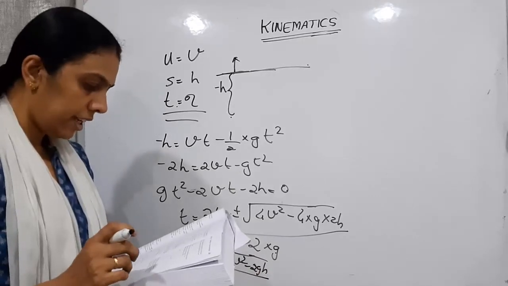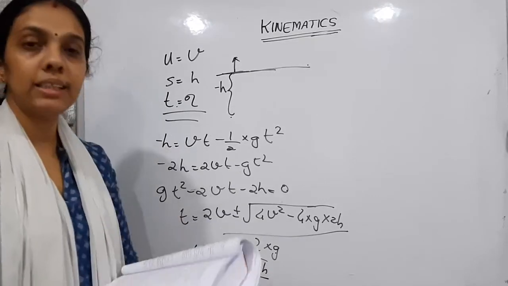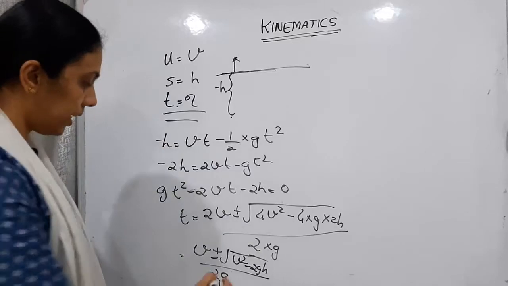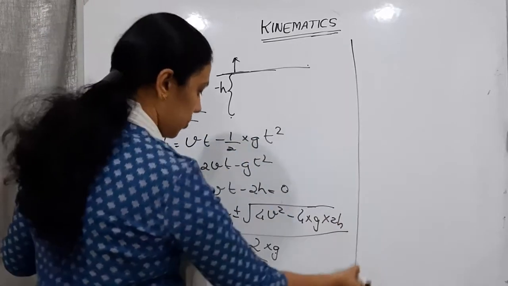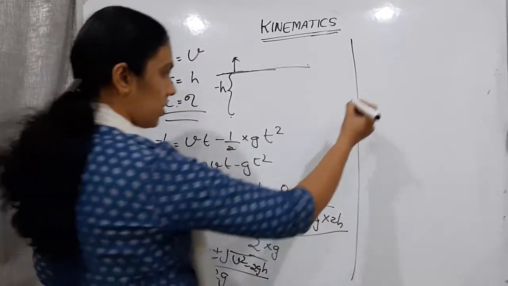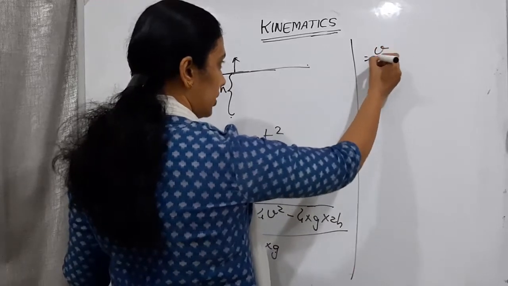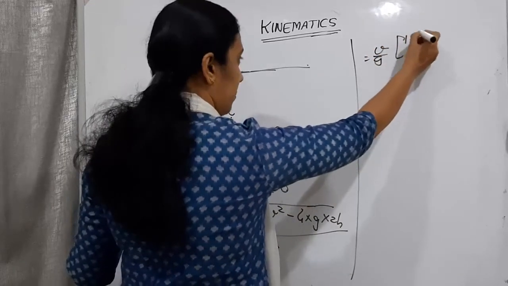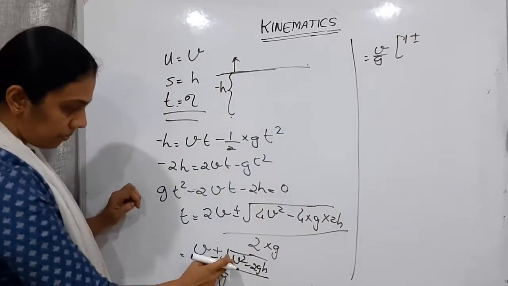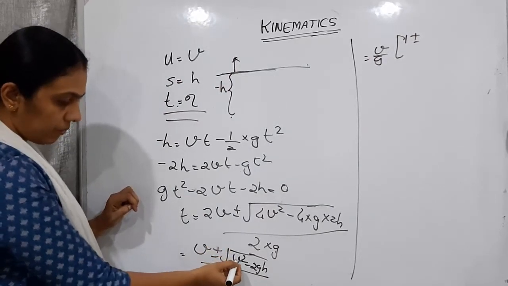So here in the options they had given v by g outside. While we are taking v by g outside, how will we get v by g into 1 plus or minus? Here we can take one v outside.